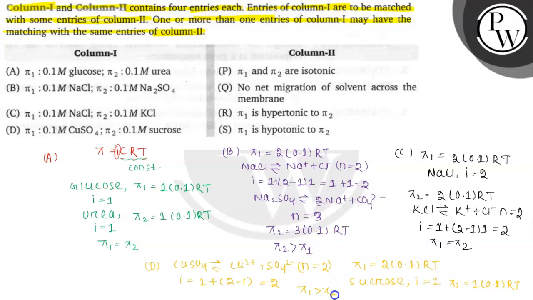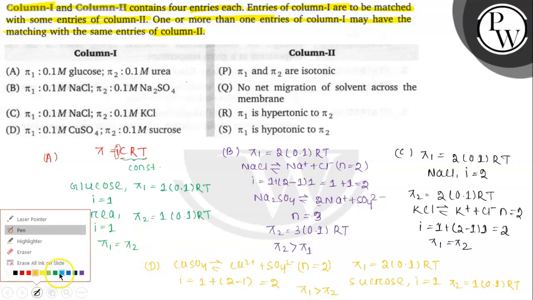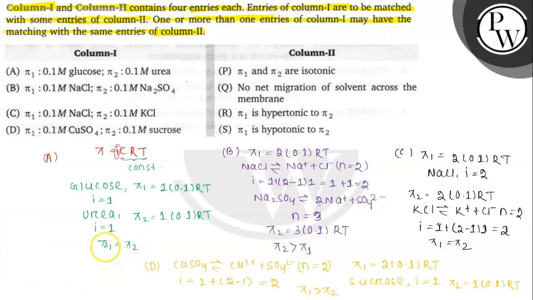So now we have to match. A is matched with pi 1 equals pi 2. So in P, pi 1 and pi 2 isotonic. If pi 1 equals pi 2, that means they are isotonic. So A is matched with P. Now, no net migration of solvent across the membrane as they are isotonic with the same osmotic pressure.